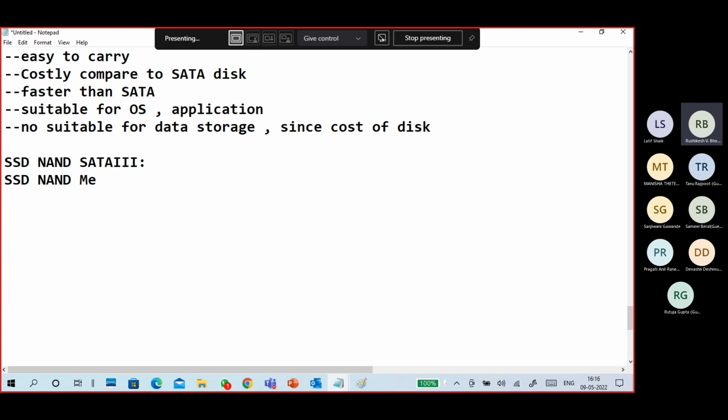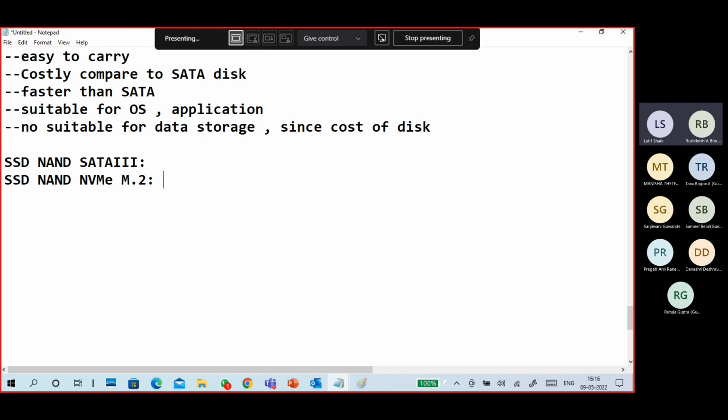Then NVMe, the M.2 model. Guys, again, when you purchase a laptop, some people give suggestions, and the first few suggestions are completely wrong.